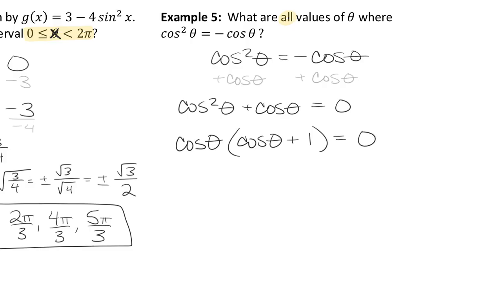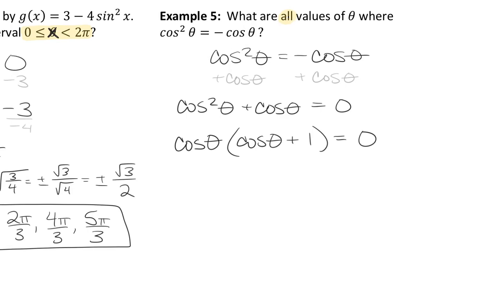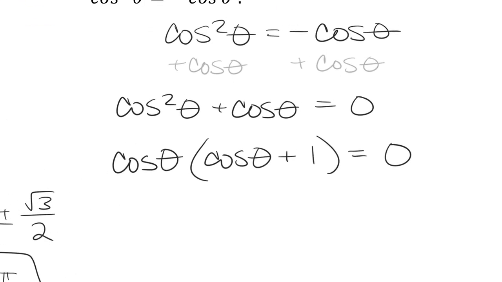Whoa, what just happened? Let me slow down. Again, this term has a cosine in it. In fact, it has two of them multiplied together. This term has a cosine in it. I'm just going to take the cosines, pick them up and put them in the front right here. Inside the parentheses is a leftover. Cosine squared divided by cosine is just one cosine left. Cosine over cosine cancels out to 1. It's like factoring.